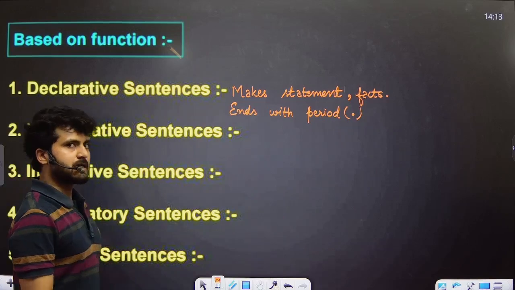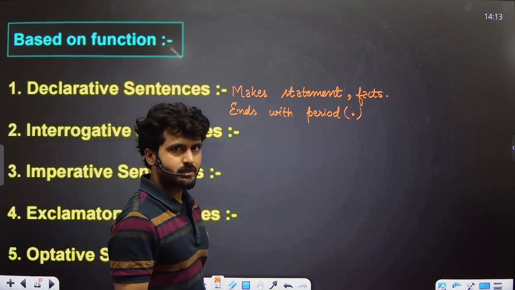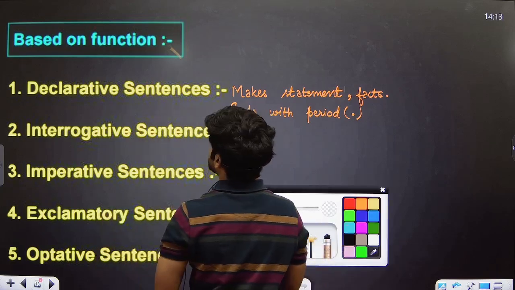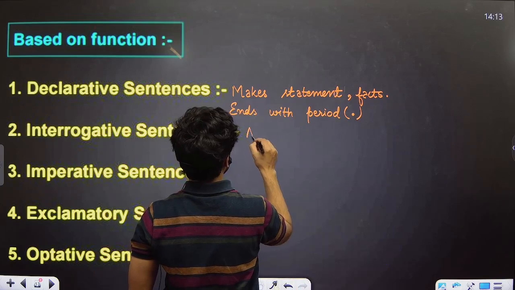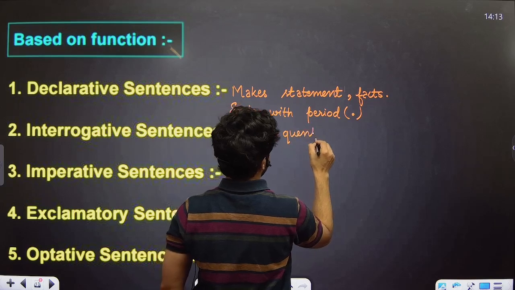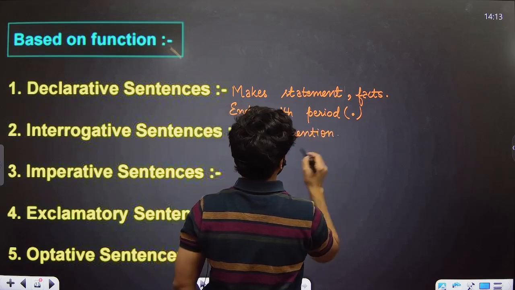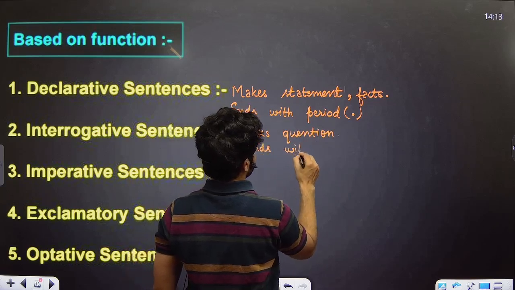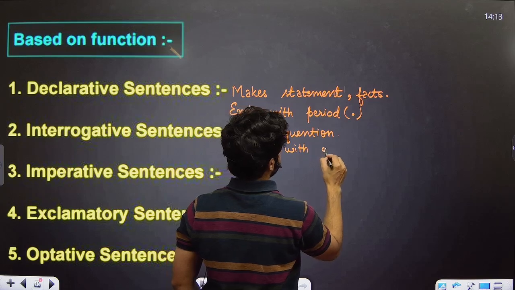Then you have interrogative, WH types, question asking types. Okay, so that is your interrogative. Asks a question, ends with a question mark.